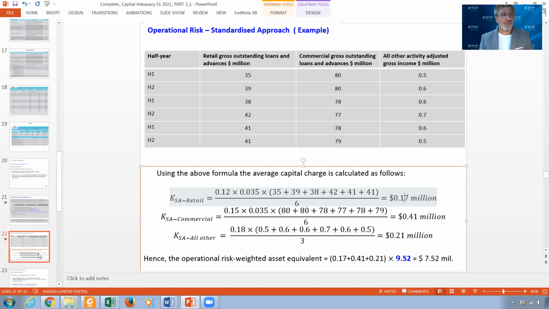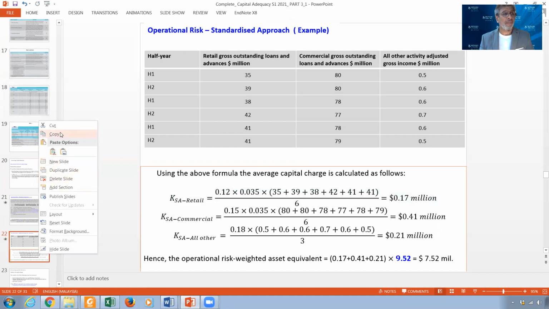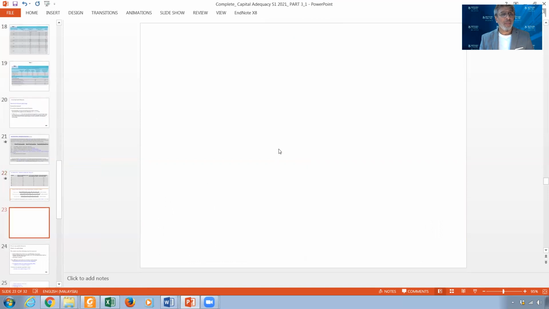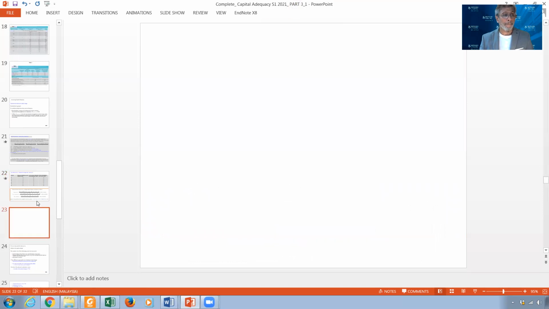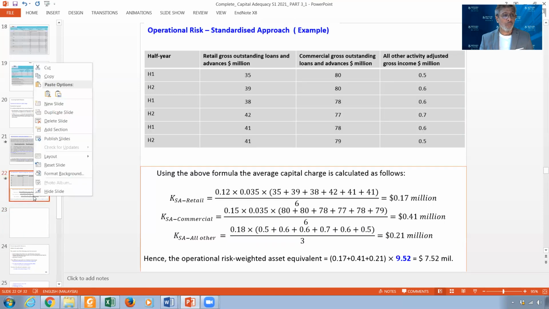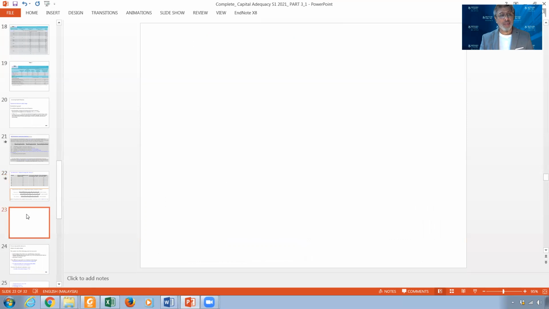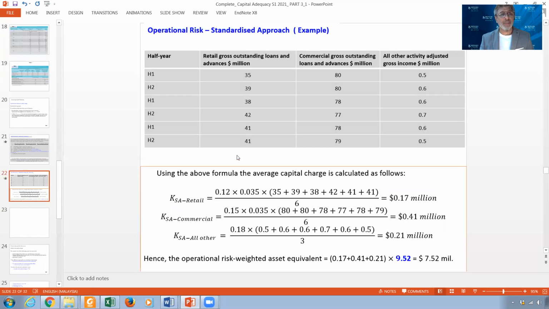So if I use this formula, for example, if I calculate the total assets, let me just write it here.